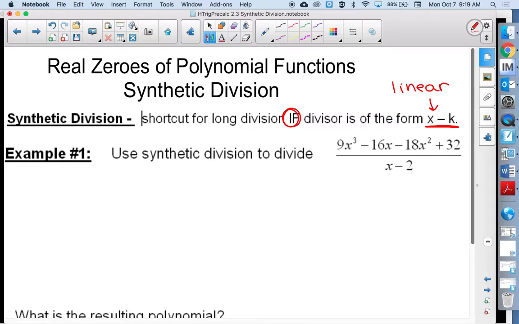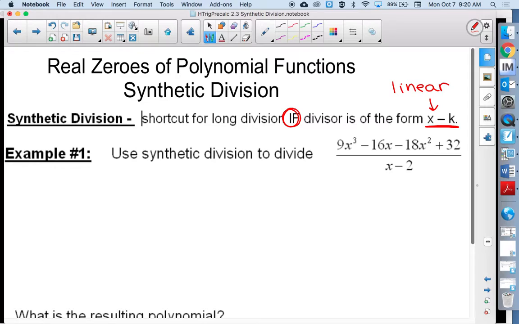If the divisor is not linear, then I cannot use synthetic division. So any of the problems that ask you to divide by like x squared plus 5, like the last couple of problems, you cannot use synthetic division for it. It doesn't work. But if you were dividing by x minus 3, that's linear, you can divide.